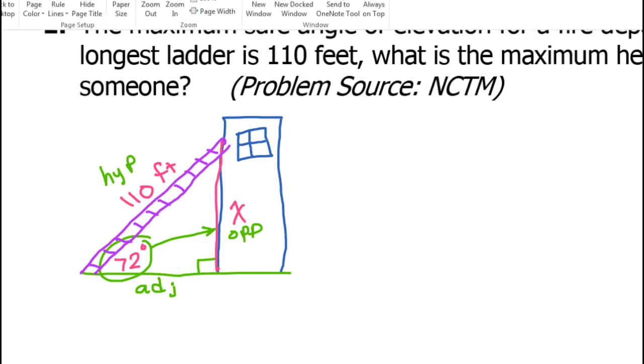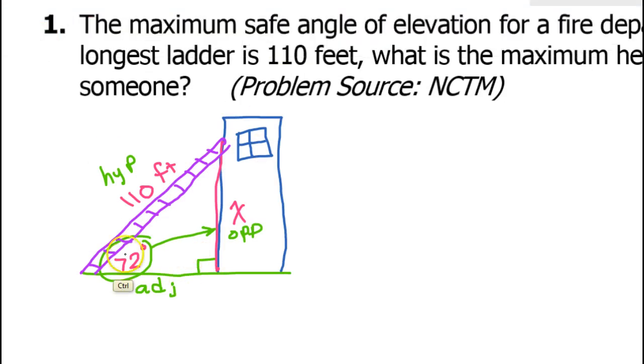Well, let's decide which one of these sides is not useful. We have the 110, that's useful. We have the x, that's what we're trying to find. The one that we're not going to use is the adjacent side. So we have the choice between using SOH CAH TOA, that's sine, cosine, or tangent.